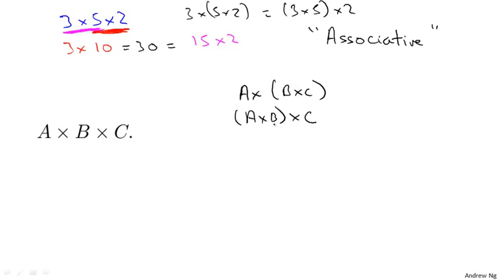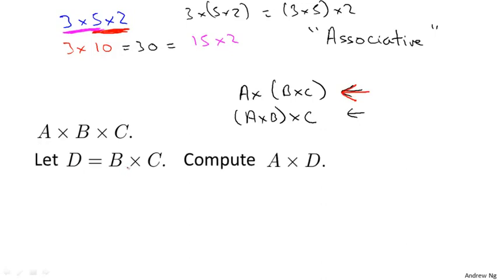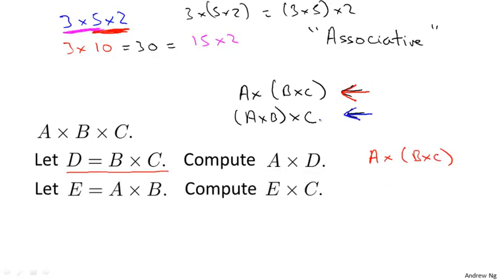So just to be clear what I mean by these two cases, let's look at the first one. What I mean by that is if you actually want to compute A times B times C, what you can do is you can first compute B times C, so that D equals B times C, then compute A times D. And so this is really computing A times B times C. Or, for this second case, you can set E equals A times B, then compute E times C, and this is then the same as A times B times C. And it turns out that both of these options are guaranteed to give you the same answer.